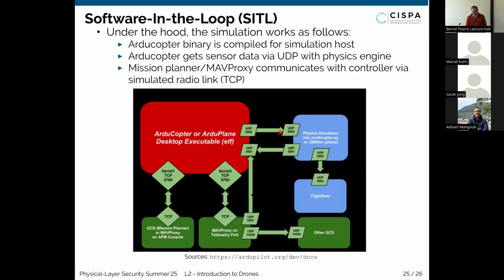But in your setup, you somehow need to provide information to the drone. You need to get the information from the drone, what its control decisions were, its commands to the actuators. Then you have this physics simulation that is updating the environment based on these control decisions, and then sending new sensor readings back to the drone controller software. And this is, of course, just part of the simulation setup.